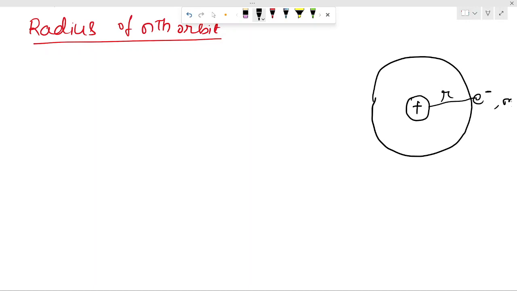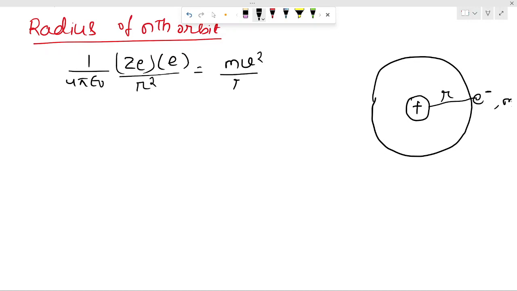So we know that the Coulombic attraction is equal to the centripetal force, that is 1 by 4 pi epsilon naught Z e into e upon r square is equal to mv square upon r, isn't it?